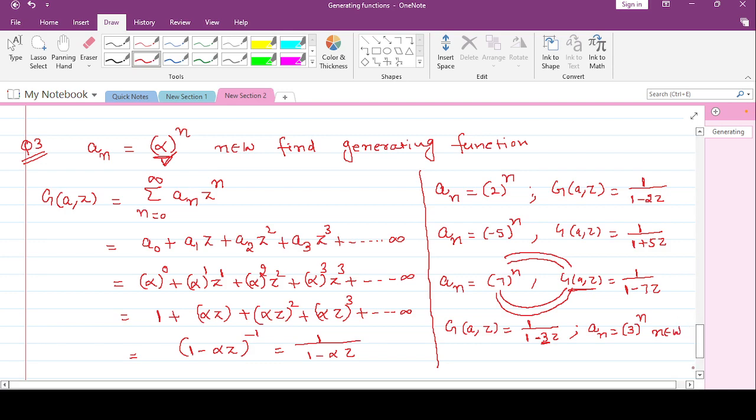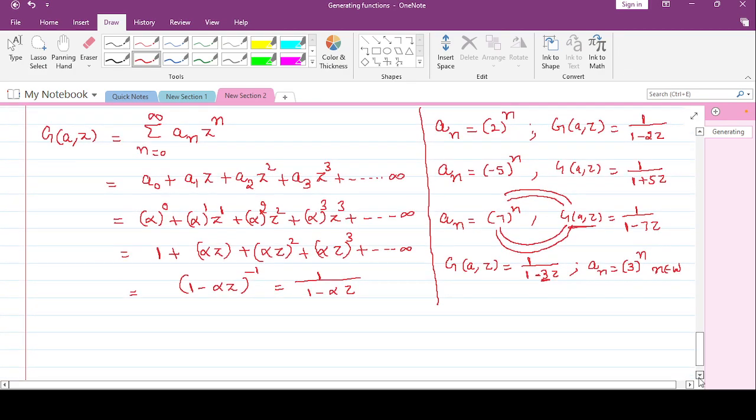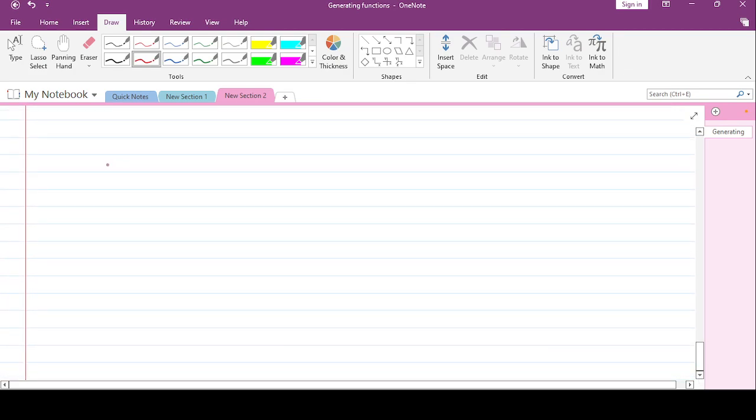Okay, so we want to solve one more question of generating function. So suppose that the sequence is 1 by n factorial, where n belongs to W. Find the generating function.